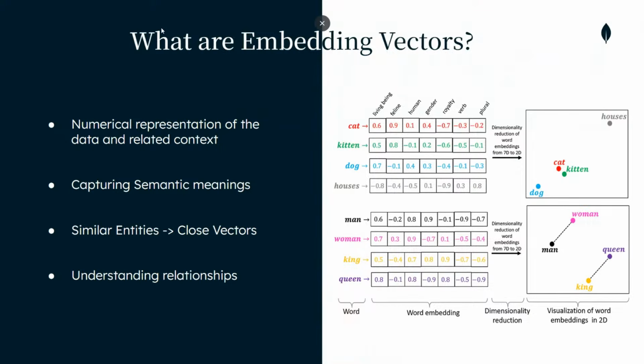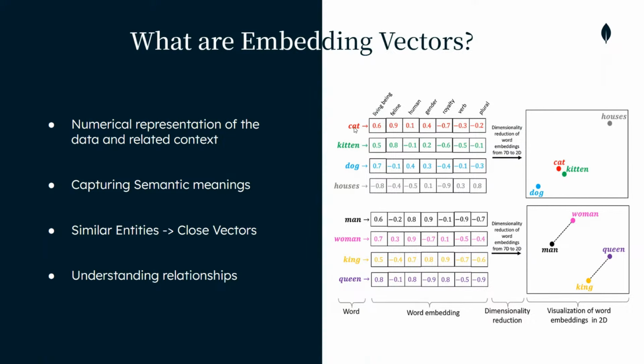Yeah. So what are the vector embeddings? As we said, embedding vectors are the output of the embedding model, which captures both semantic meaning but also understanding the relationships. That is the most powerful point.